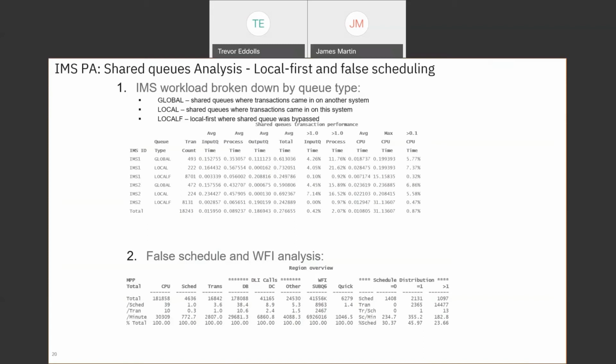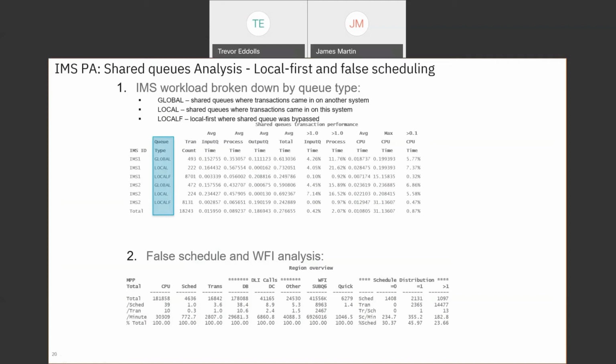And you can see here one of the key things that I look at in this report is, first of all, what queue type is it? Is it the global queue? Is this the local queue? Is it the local first queue? And you can see in this particular case, the majority of my transactions were bypassing shared queues altogether.